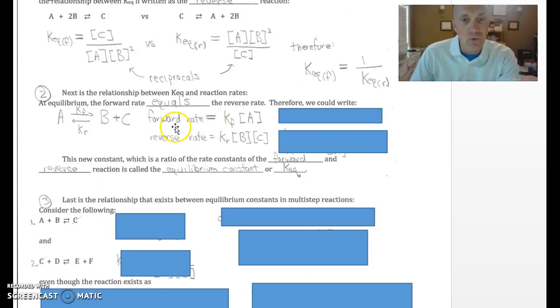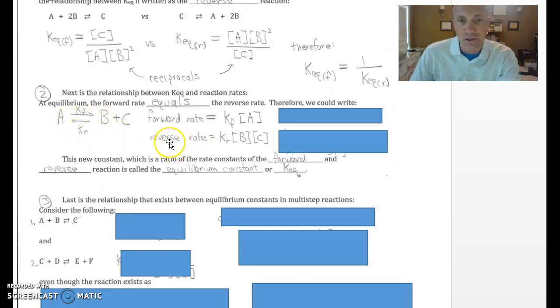So again, going back to kinetics, we could define the forward rate as whatever the reactants are times the rate constant. And remember that in order for this to be true, technically, this has to be an elementary reaction. We're going to assume that both the forward and the reverse here are elementary reactions.